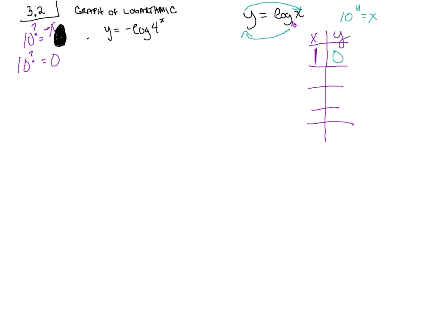Okay, so 10 raised to the first power is 10. 10 raised to the negative first power will give me out 1/10. So do you see how I'm filling in this XY table? I'm kind of working backwards. I'm putting my y value in first because that's what I'm raising to. Okay, cool.